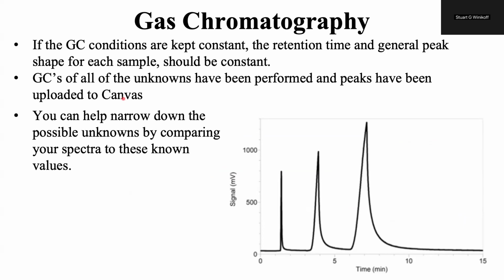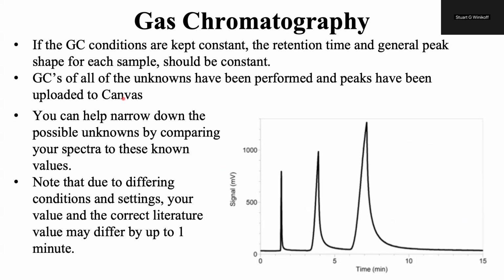So this can help us narrow down our possible unknowns by comparing what unknowns have a sample retention time similar to yours. Something to be cautious about, though, is that based on the ambient conditions any given day, how long the sample had been running, and how accurate you are at injecting the sample and hitting start at the same time, there might be mild differences.